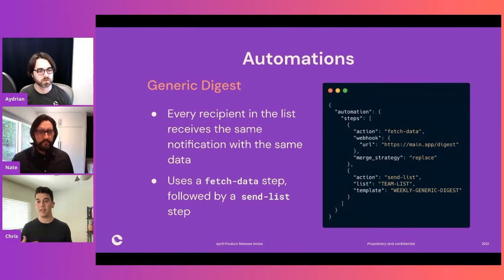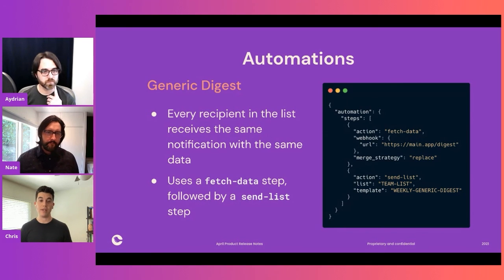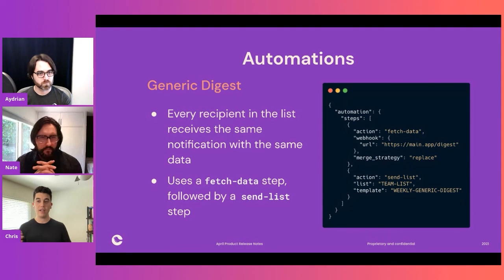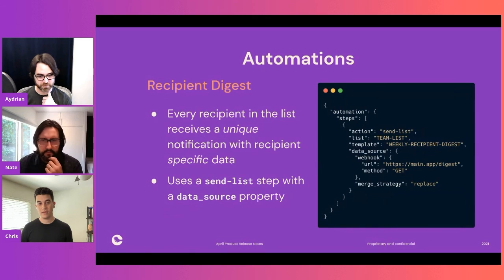So if you wanted to send a weekly digest notification or a weekly message to all of your teammates, the data can be dynamic in that sense, so that every time we make a call to that API URL that you provide, it will return data that's applicable for that time period, which is really cool.